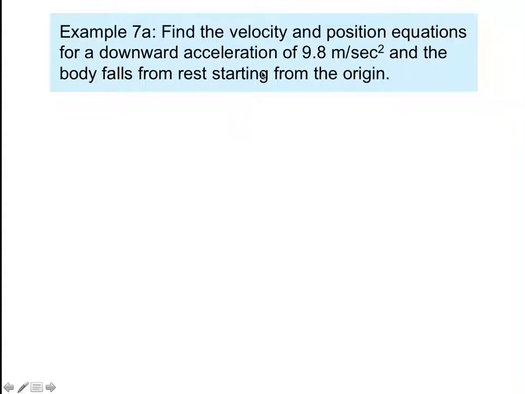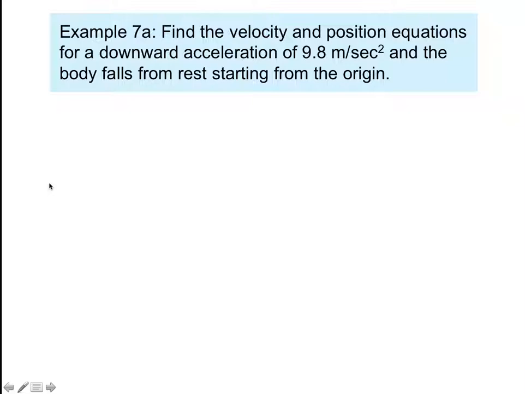So let's try this with a motion example, because we know the relationships between position, velocity, and acceleration in motion involve taking the derivative of one to get the other. If we start with position and differentiate, we get velocity, and then if we differentiate again, we get acceleration.